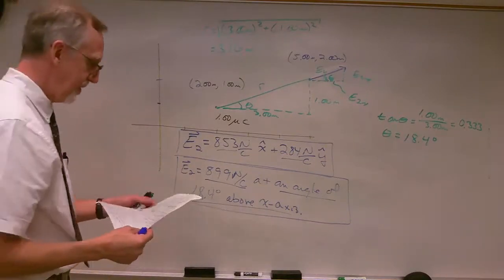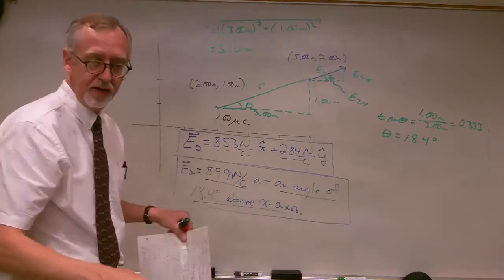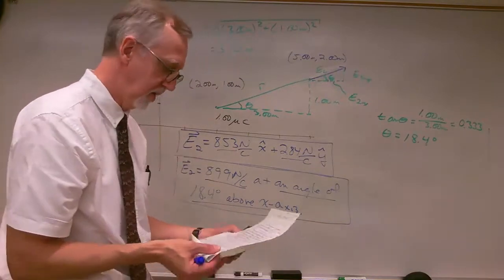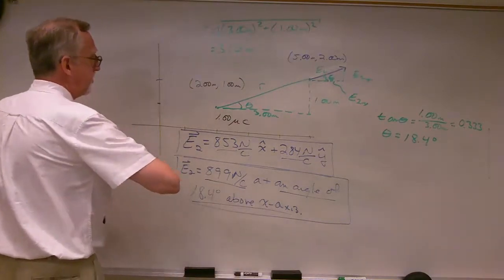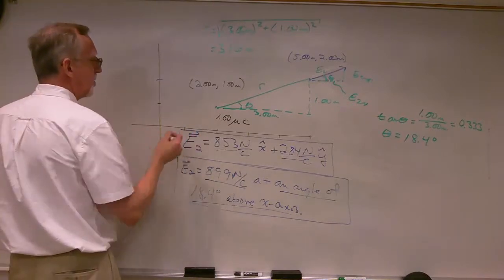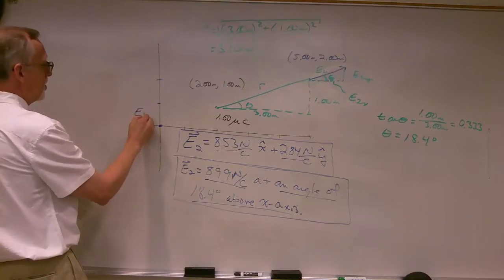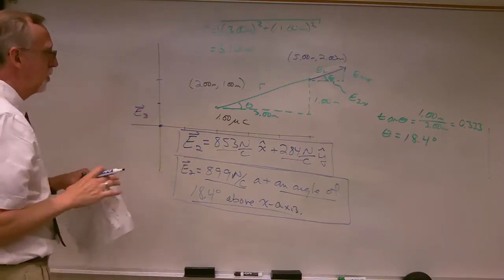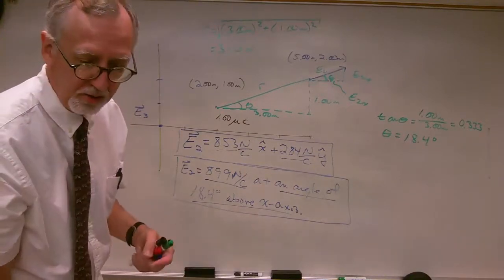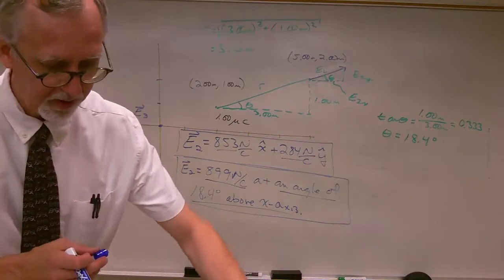Okay, great. Let's try another one. Let's find the electric field at the origin. So, given the same charge, 1 microcoulomb at this point, what is the electric field at the origin? We'll call that E3. So, what is E3? Let's get rid of all of this part.